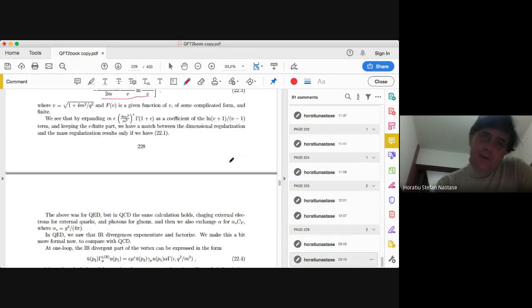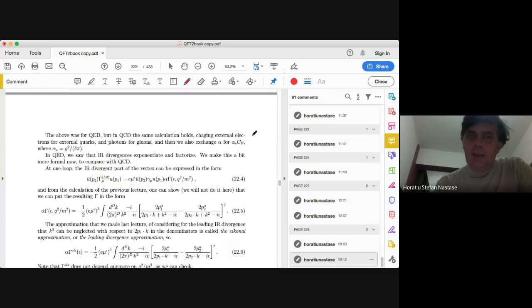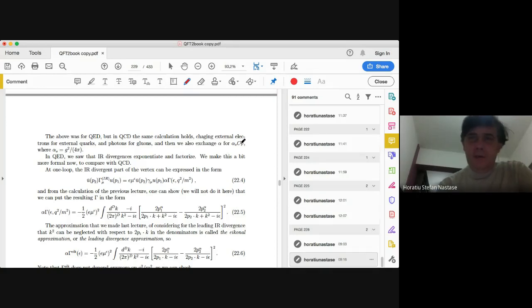But we also have to remember that there are gauge indices also, in particular gauge indices in this loop. And that will give us a factor of C_F, the Casimir in the fundamental representation of the quarks.